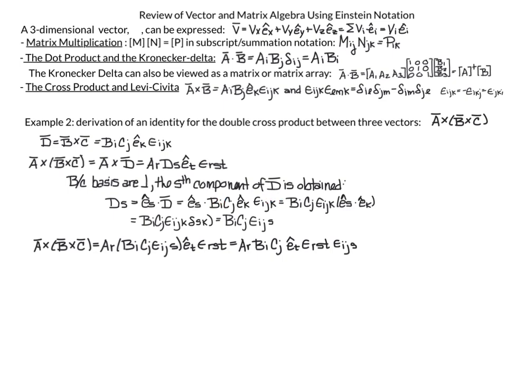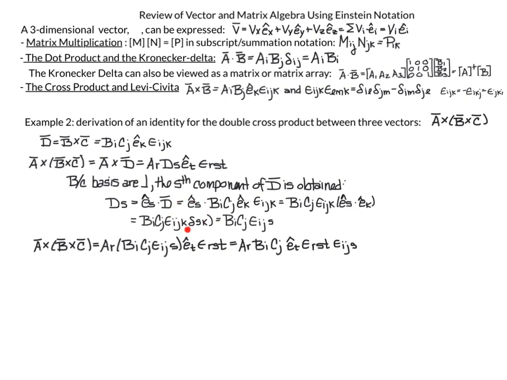So we can have the B sub I, C sub J, our epsilon IJK, and then we can group these two together, e^S, e^K. And e^S, e^K, again, they're perpendicular unless they're the same, and then they're equal to 1. So that gives us the Kronecker delta of SK.